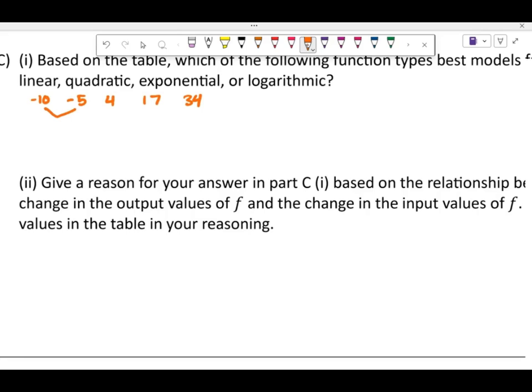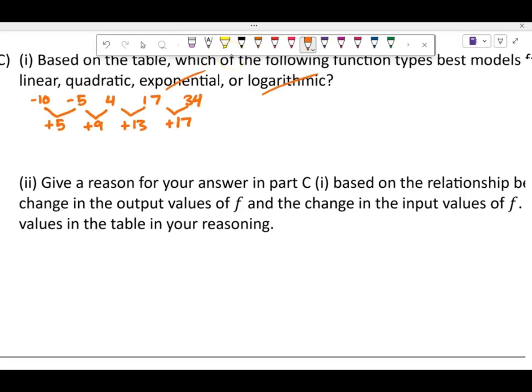Up by how much? So adding 5. -5 to 4, what am I doing? Plus 9. 4 to 17, plus what? 17 to 34, plus 17. So we've already said it's not exponential.